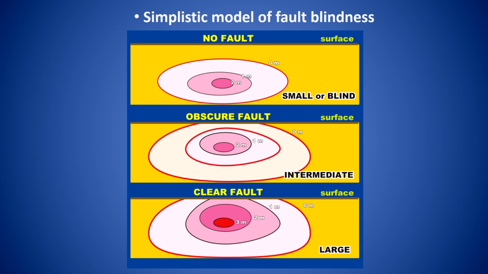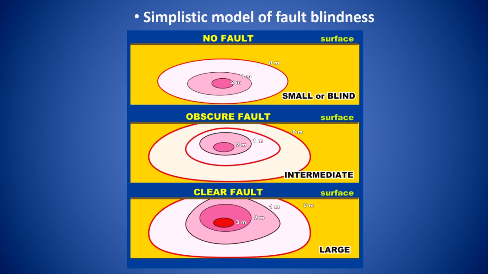Now, there are many papers that suggest that if the magnitude is higher or larger, then we will have clear cut surface deformation. And if the magnitude is intermediate, then we may have a fault scarp with very low topography that may get eroded or obscured.